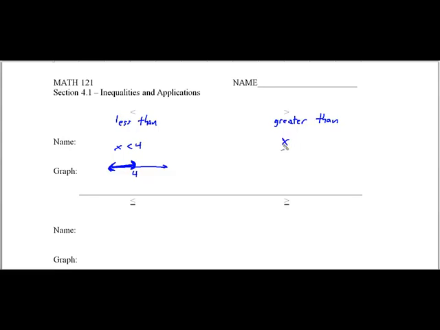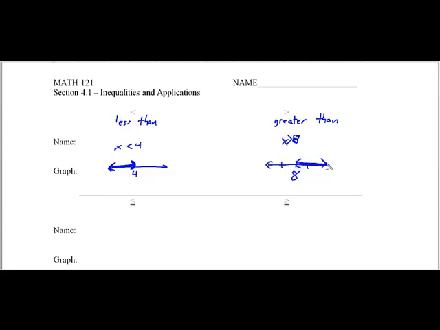So if we have this symbol where x is greater than, let's say, 8. Sorry that my penmanship is so bad. So if x is greater than 8, again we have a number line here. We can put some numbers in, 7, 8, and 9, and here's our 8. And again we'll have a curve because we're not actually landing exactly on the 8, and we're going to be going in this direction.